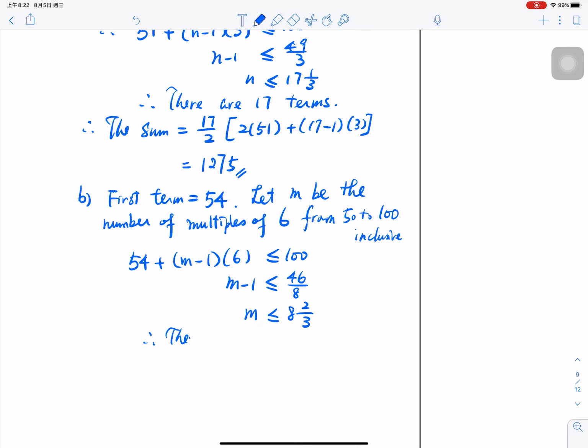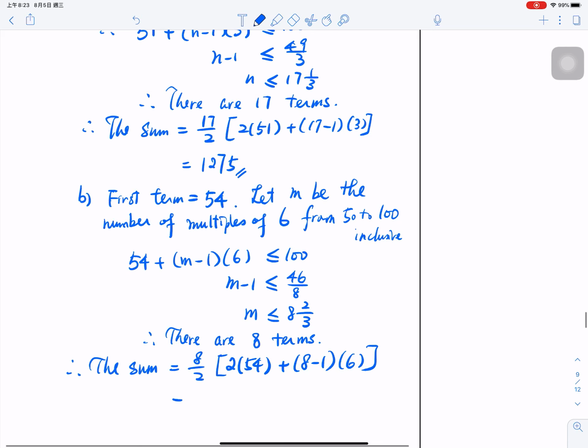That means there are 8 terms in this range. So for part B, the sum equals 8 over 2 times 2 times 54, the first term, plus 8 minus 1 times 6. As a result, 600.